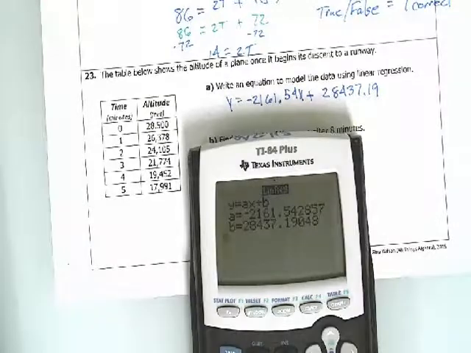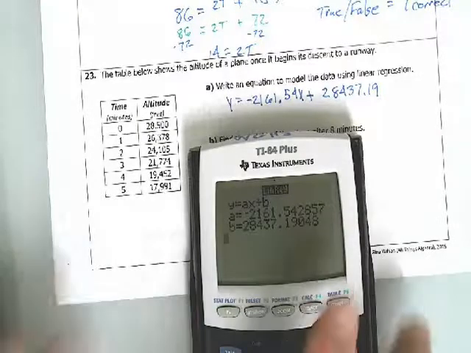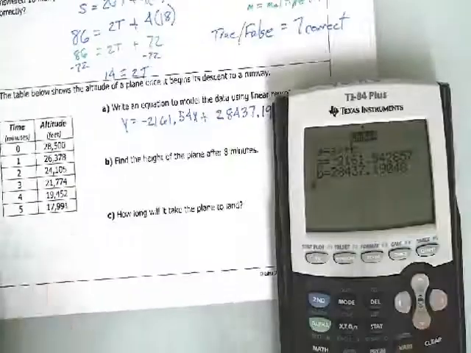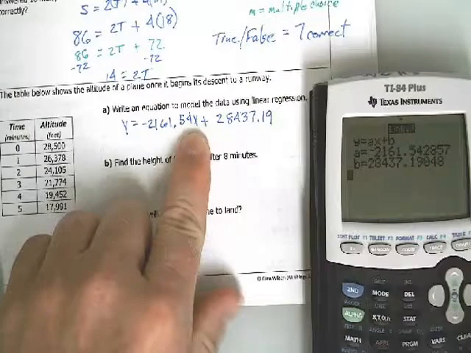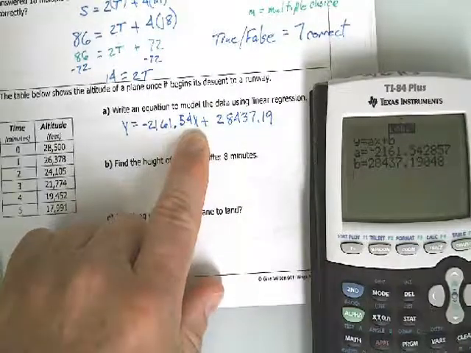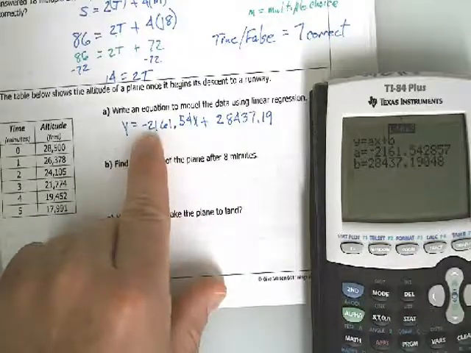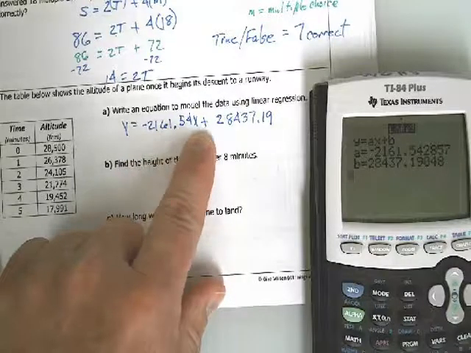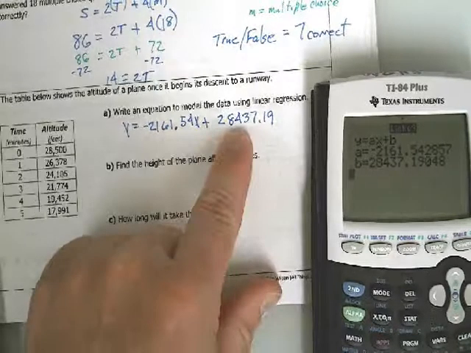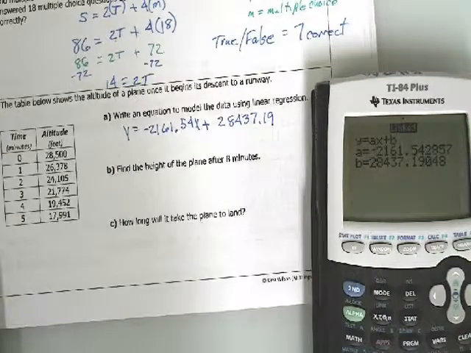Now, the next question asks me what would happen after 8 minutes. I could just type 8 in here: negative 2,161.54 times 8 plus 28,437.19, and get that.